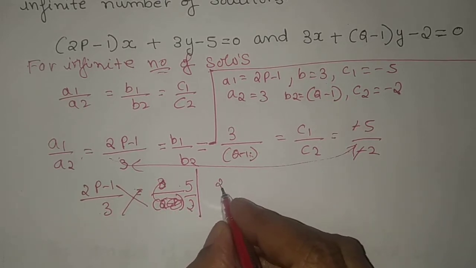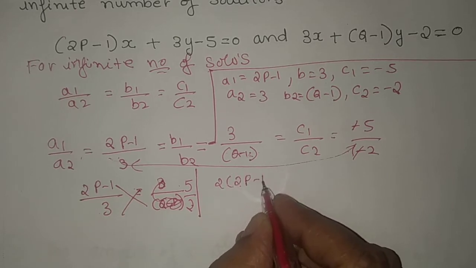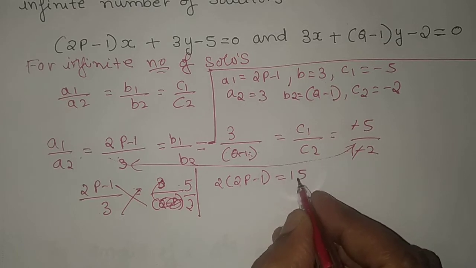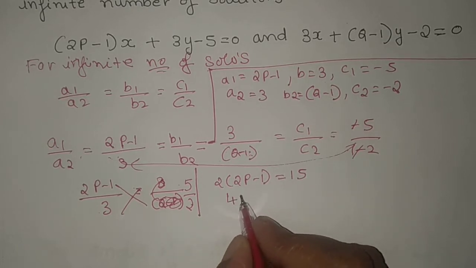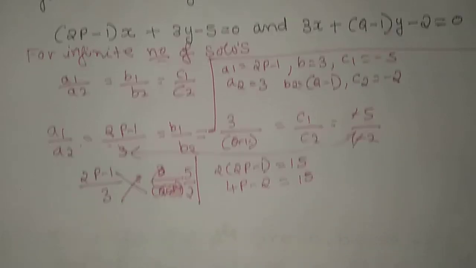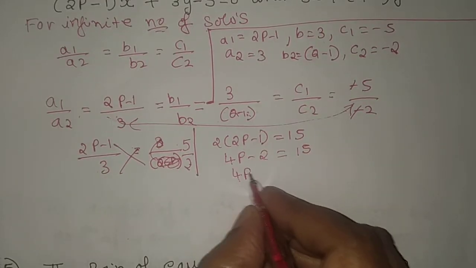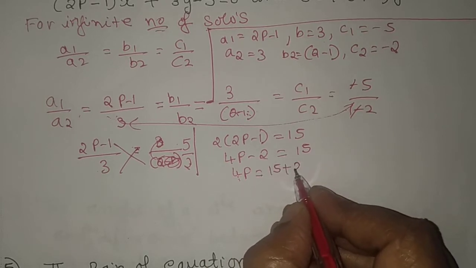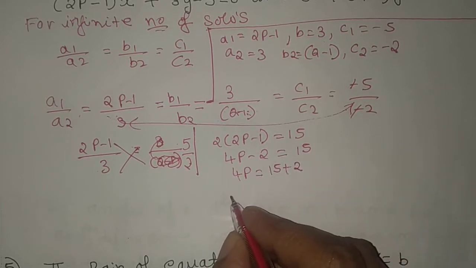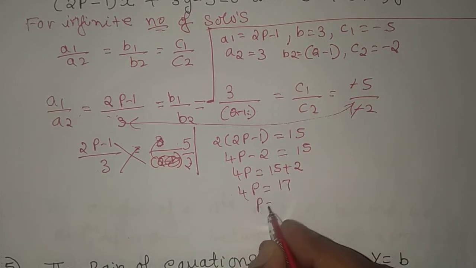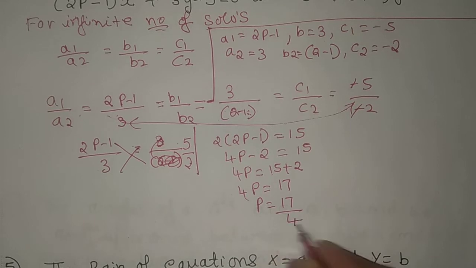After this, 2 into 2P minus 1 is equal to 15. Simplify this: 4P minus 2 is equal to 15. Therefore 4P is equal to 15 plus 2, so 4P is 17. P is equal to 17 by 4.